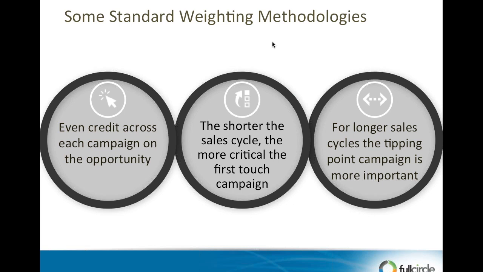In the case of more mature companies or companies with perhaps a longer sales cycle, they may instead favor that tipping point campaign that allows them to understand which campaign drove engagement by crediting that campaign with more influence relative to its peers. The advantage here is that we can run all 3 different models and therefore compare and iterate over time on these models' configuration as it applies to our marketing strategy and our business process.